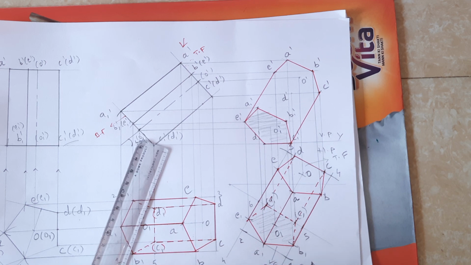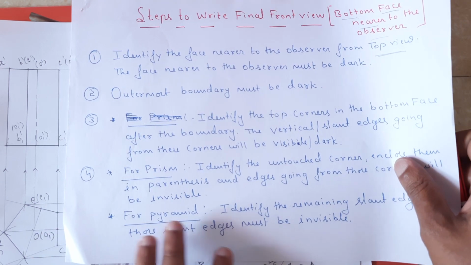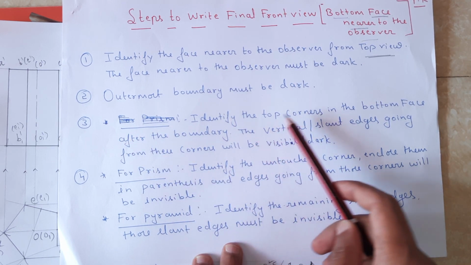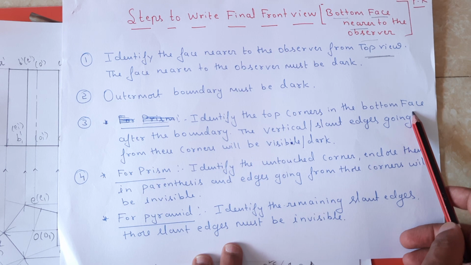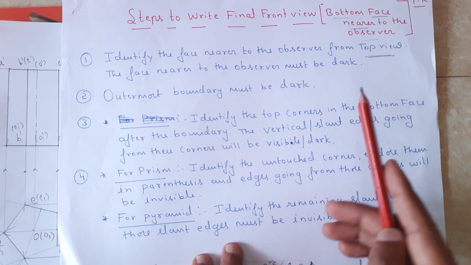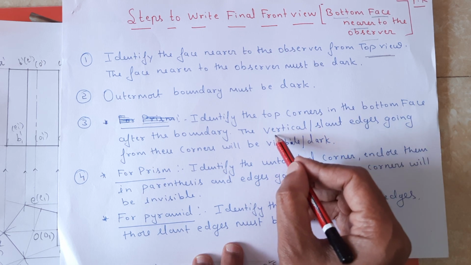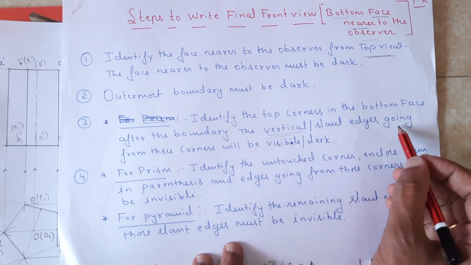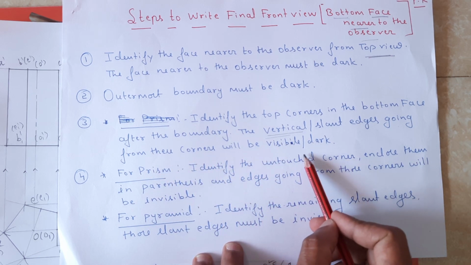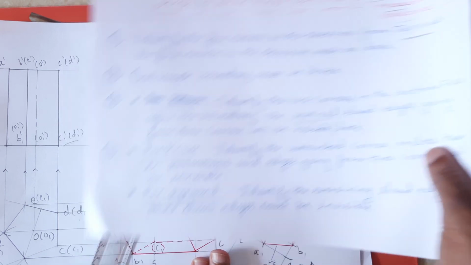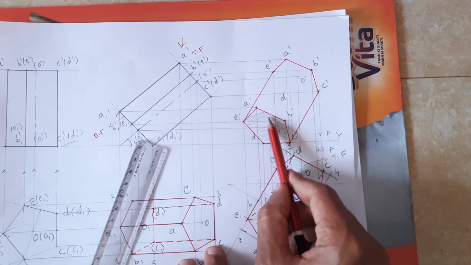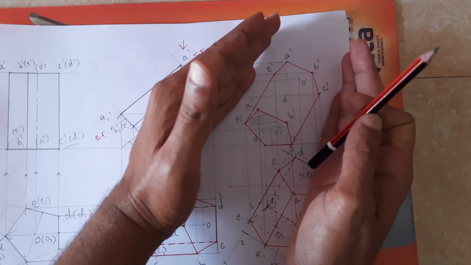Step number 3: identify the top corners of the bottom face after the boundary, and the vertical or slant edges. Here it is a problem on a prism, so the vertical edges going from these corners will be visible or dark. What is the meaning of this? This is the bottom face. In this bottom face, the top corners after the boundary.